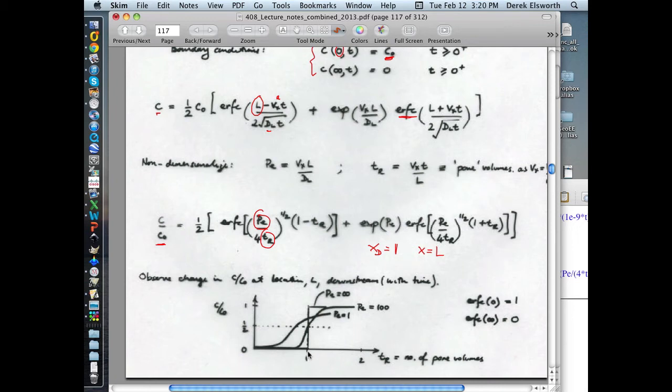This is one pore volume, but you can also define this as a time, which is time times velocity over length. If you know the length where you're measuring the value and the velocity of the flow, then you can calculate what the time is on this axis, nothing more than that. It's relatively straightforward to get that expression.